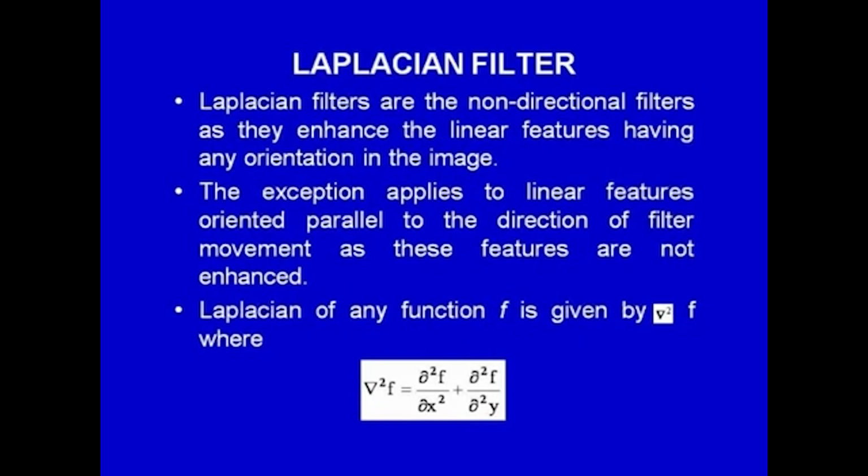The Laplacian of any function f is given by the second derivative of the function, which is equal to the second order derivative of the function with respect to x plus the second order derivative of the function with respect to y.